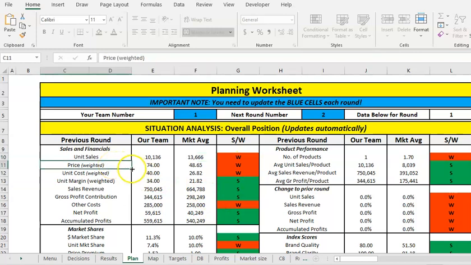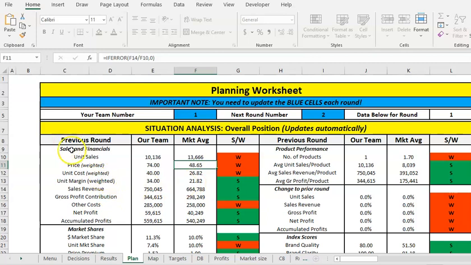Price, and that's sort of averaged out across the products depending on volume of each product. We've only got one price at the moment, so our price won't be weighted, but these ones are weighted because there's multiple players out there. So you can see we're above, so that is considered a weakness.